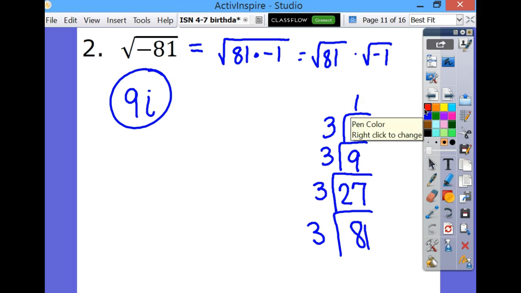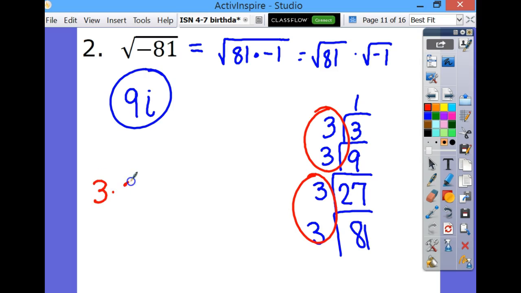And why do you do the birthday cake anyway? To find pairs. So there's a pair of 3s and another pair of 3s, and what's left over? A 1. Well, what's 3 times 3? And what is the square root of 1? 1 is actually a perfect square number.